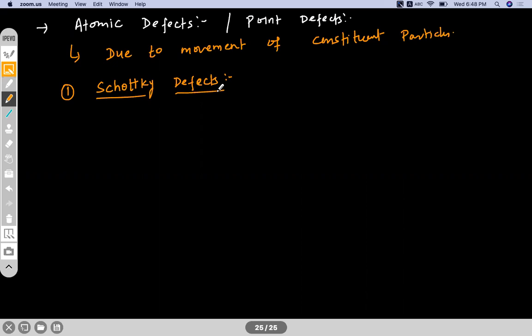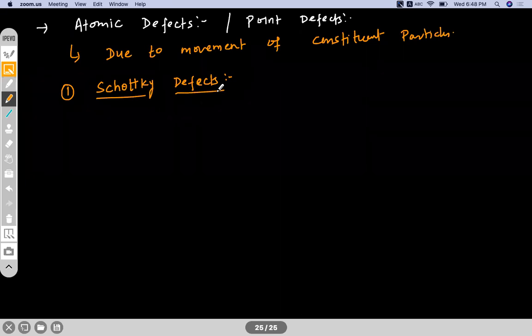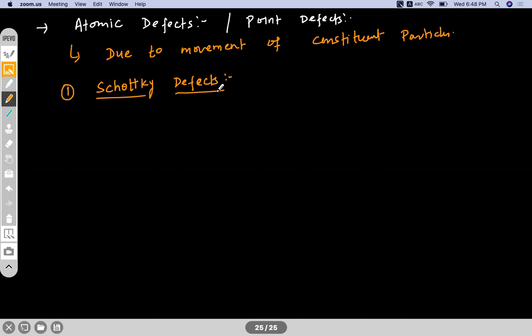Write down, it is generally observed in AB type crystals, A plus B minus ionic crystals.